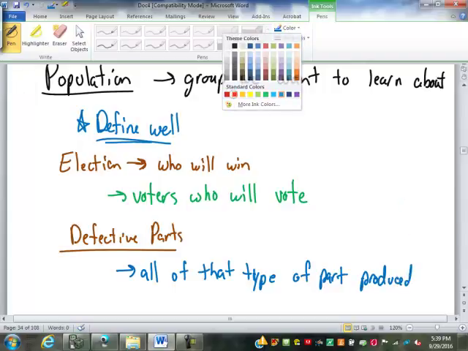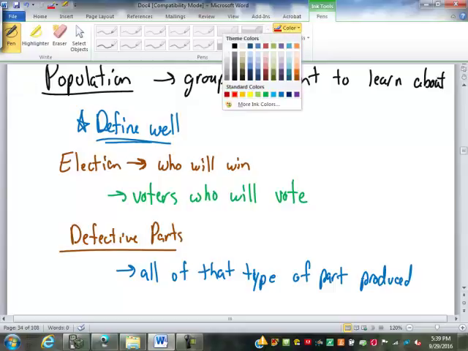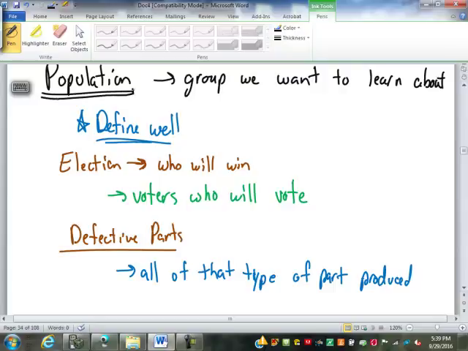So we don't care about just the defective ones, we care about all the parts so that we can use that information to predict which ones will be defective, or how many will be defective, or patterns in the defectives. So that's our population, that whole group that we want to learn about.